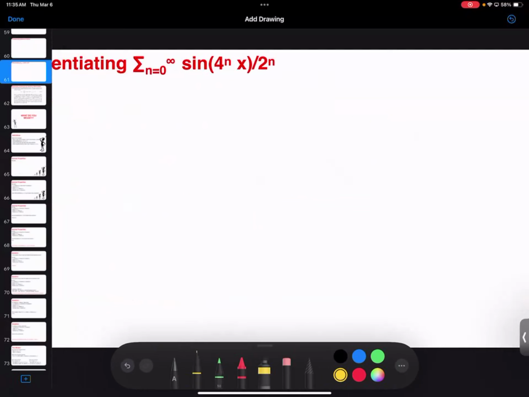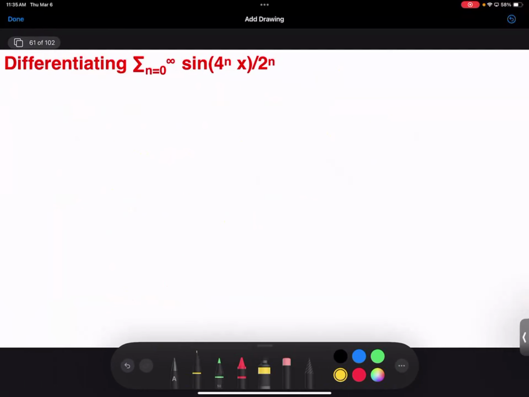Okay. Let's look at some fun functions. So here I'm going to consider f of x is the sum, from n equals 0 to infinity, of the sine of 4 to the n x divided by 2 to the n. Or if you want, I can put the 1 over 2 to the n in front.